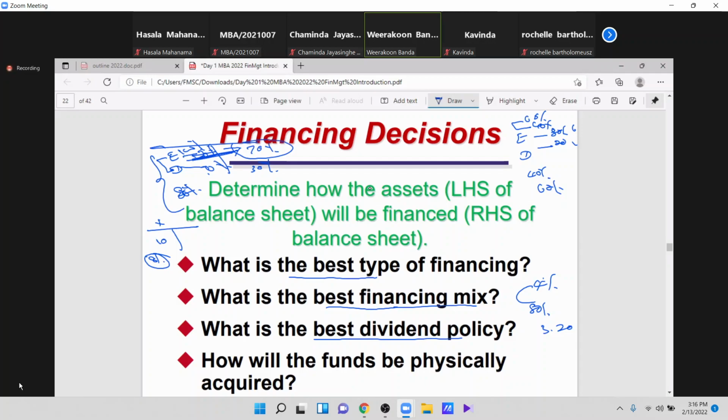From their dividend income also, they have to pay taxes. In such a case, those equity shareholders are not willing to take more dividend payment.